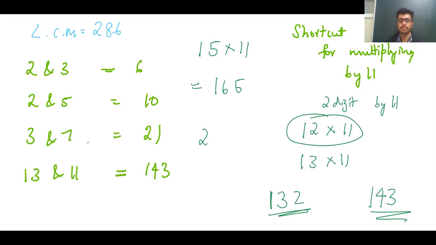Sir, can you explain the method again? Okay, so let's take 13 into 11. First, what you do, step 1, take this digit, the first digit. This is 1, right? So write 1.